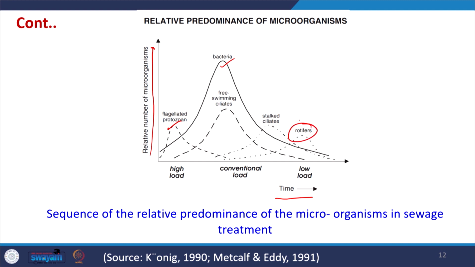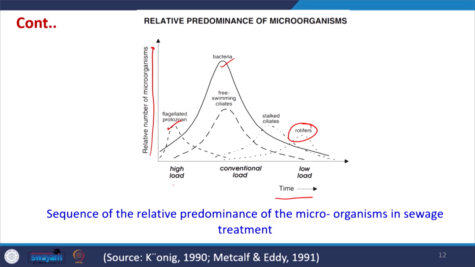That means if you have rotifers in the effluent, the overall biological process has been working well. This is the overall sequence of the relative predominance of the microorganisms with time in the sewage treatment plant, and it will certainly depend on whether we have high load, conventional load or low load.